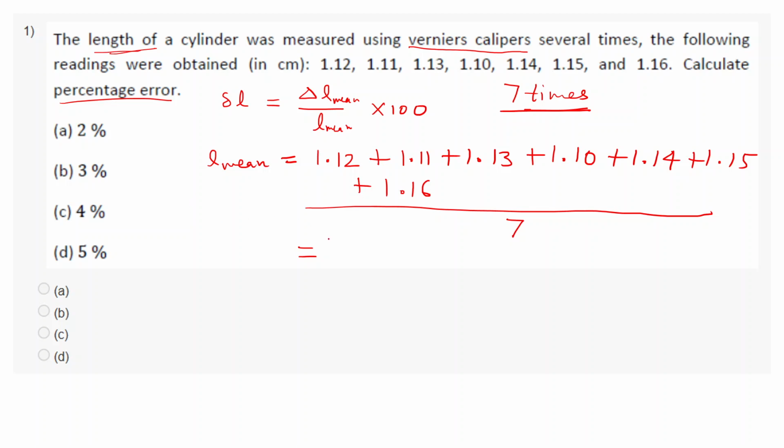So the sum I'm getting is 7.91. Now this divided by 7 will give 1.13.